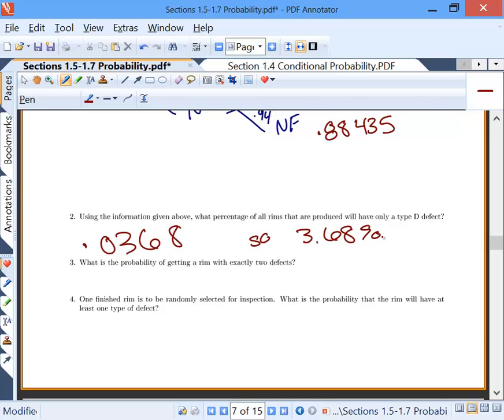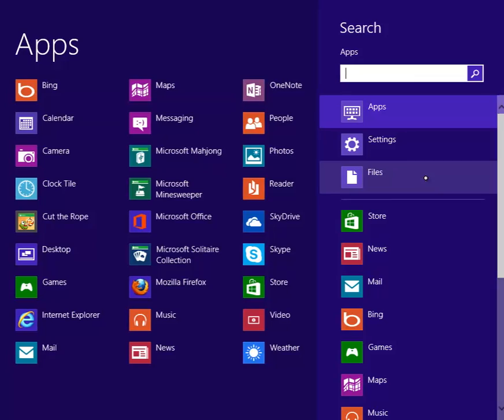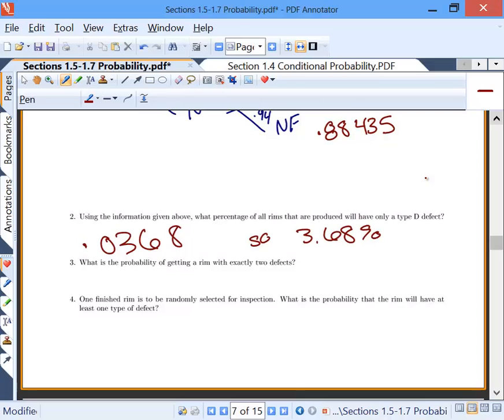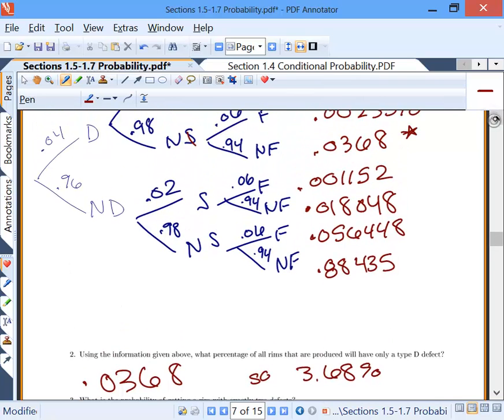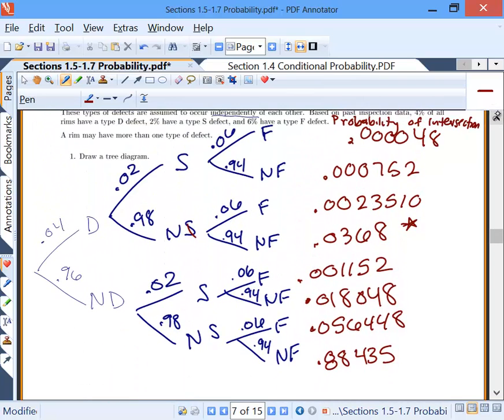So the next one, what is the probability of getting a rim with exactly 2 defects? So for this, I'm going to go up and look at it and see which ones have exactly 2. Does this one have exactly 2? My first one. Okay, what about the second one?